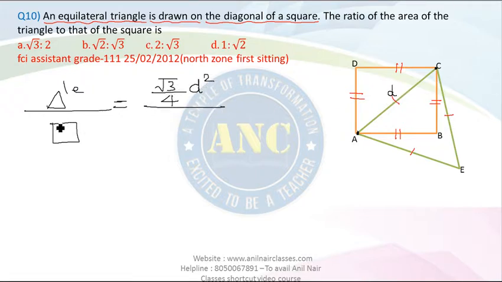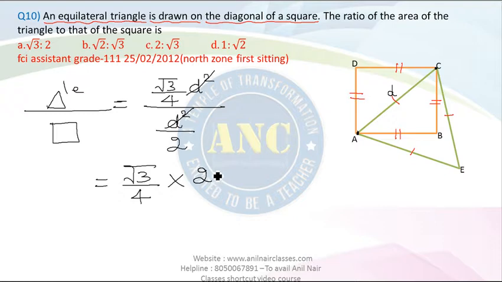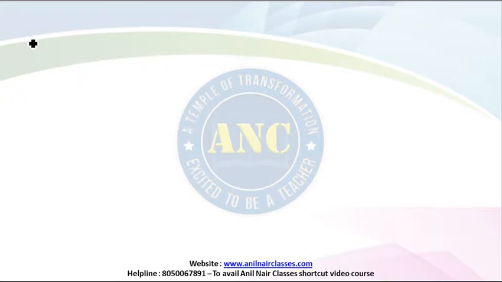Now, what is the area of the square? Area of the square in terms of diagonal is d square by 2. D square cancels with d square. So this will be root 3 by 4 multiplied by 2 by 1. So 2 into 1, 2 into 2. So the ratio is nothing but root 3 is to 2, which is option A.